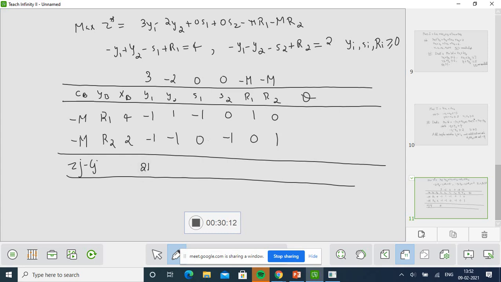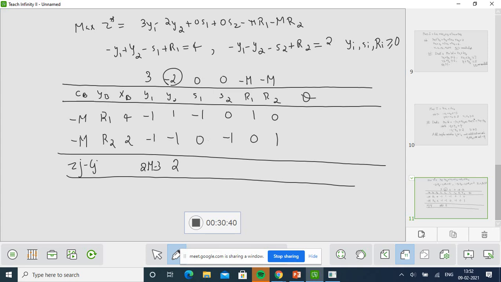So I will have 2m minus 3. Come to the second column, y2: minus m into 1 is minus m, minus m into minus 1 is plus m, minus m plus m is 0. Then 0 minus of minus 2 is 2. From where did I get that minus 2? From the top.